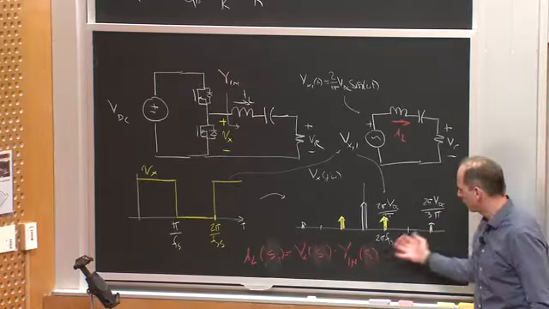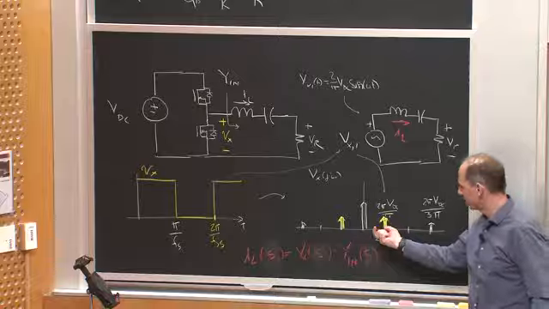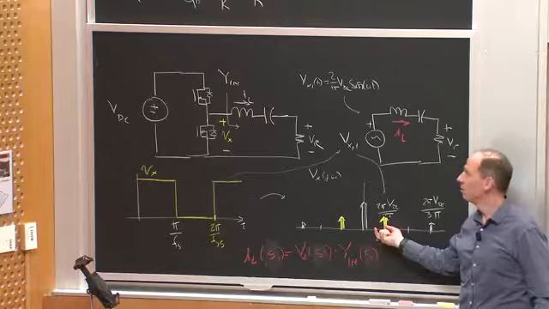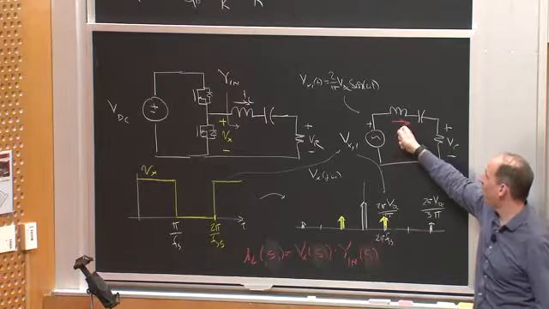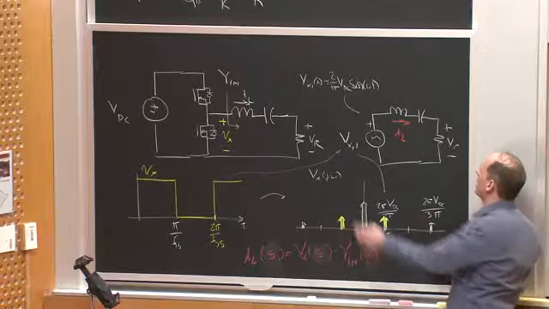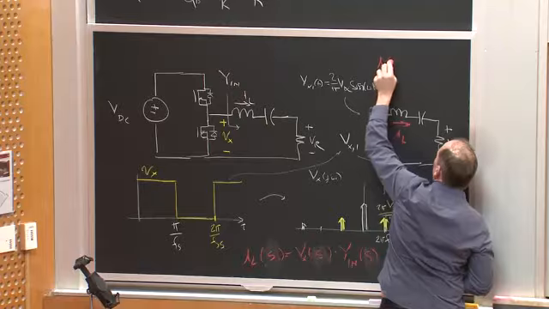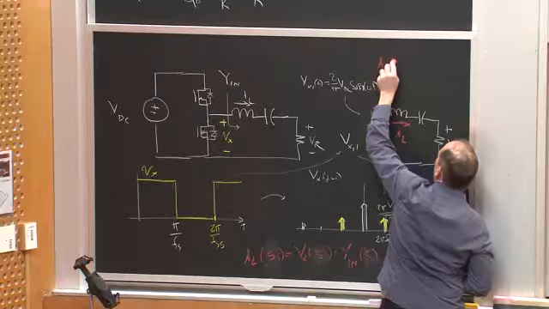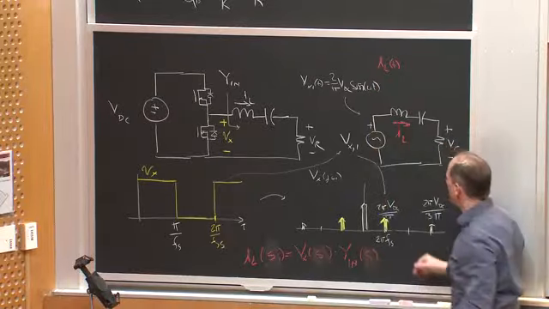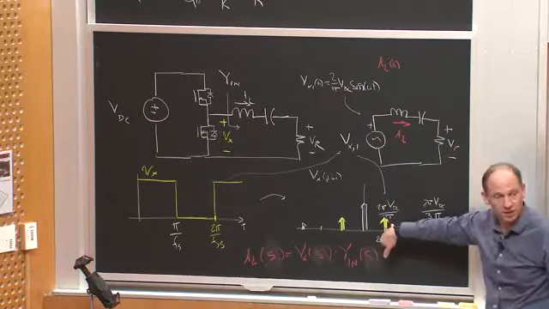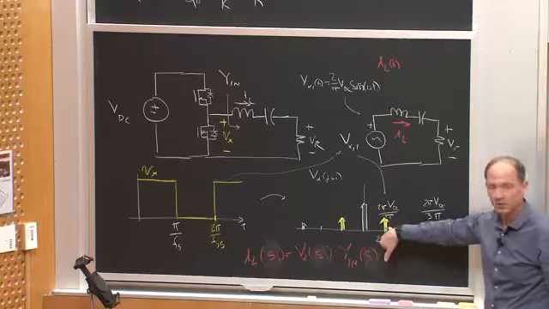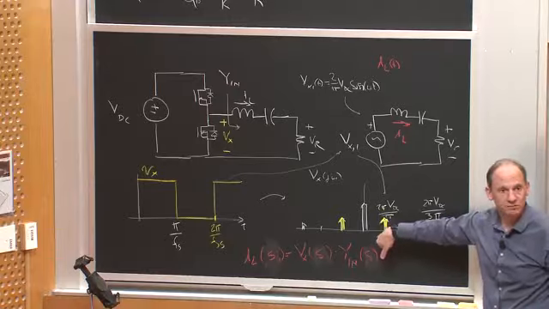If everything gets filtered except for the fundamental, right, then I would expect IL of t will be only a sinusoid at the fundamental switching frequency, right?